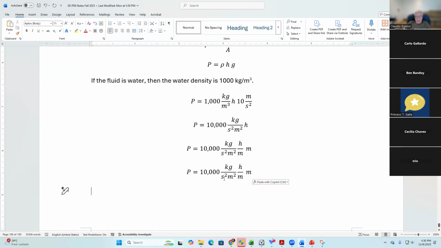I'm going to pass the second squared to this side. And now I'm going to move this h over meter right here. There's a reason why I am dividing by meter. I'm dividing it by meter because I want to cancel the unit that's implicit right here in the h.